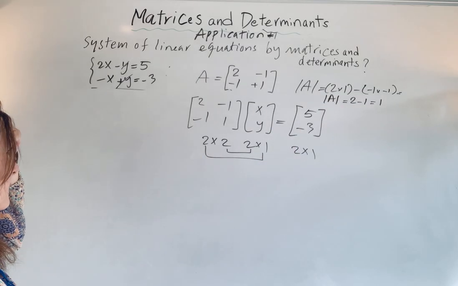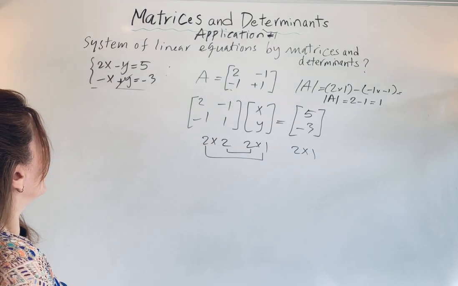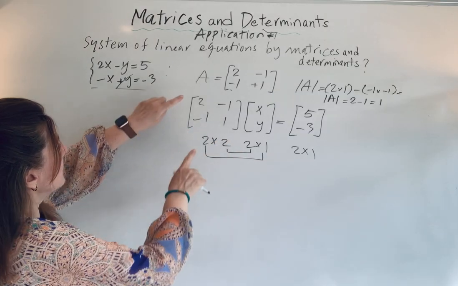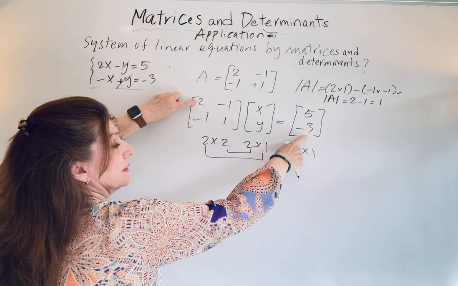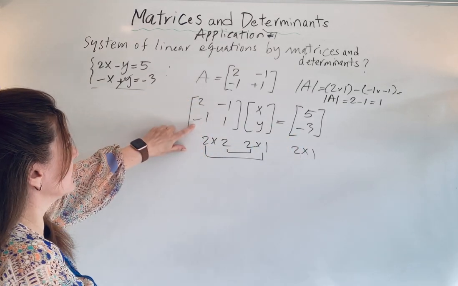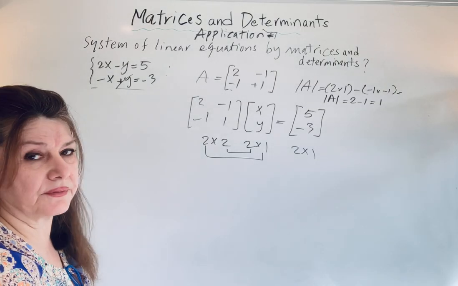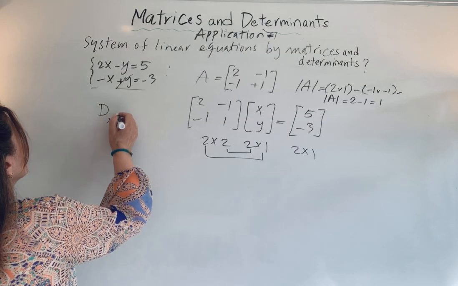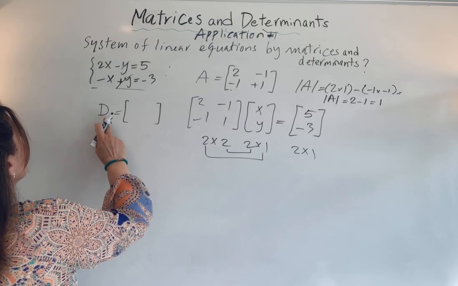We need another matrix and determinant. When you have A, you replace the x's column with the answer. We call this A of x, or D of x; different books use different notation.